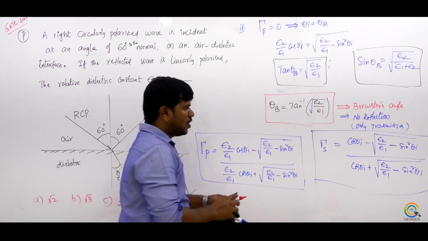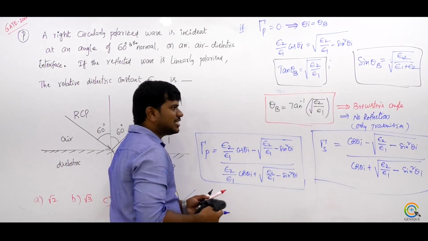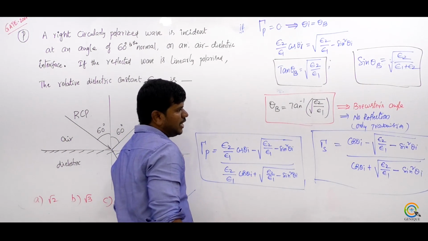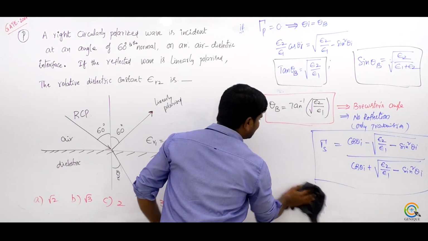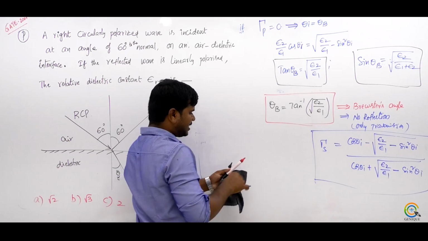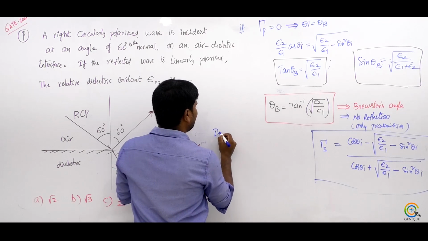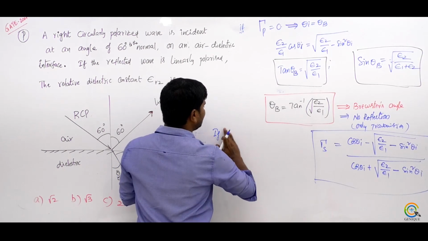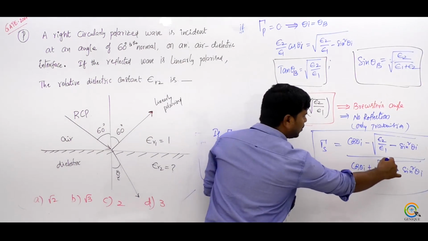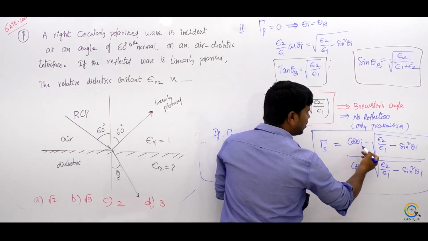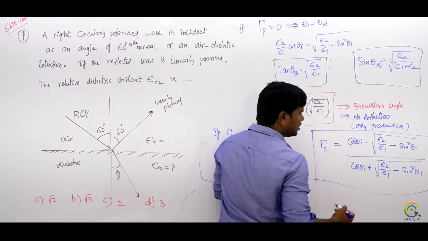Now what if gamma s is equal to 0? If gamma s is equal to 0, what happens? This is 0, this is 0, and this is equal to this.